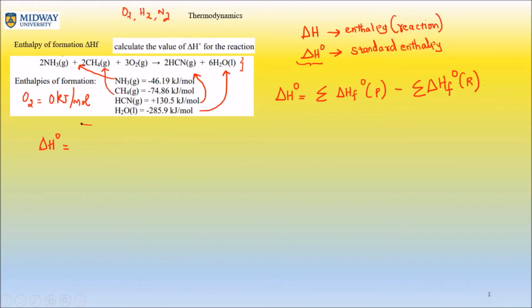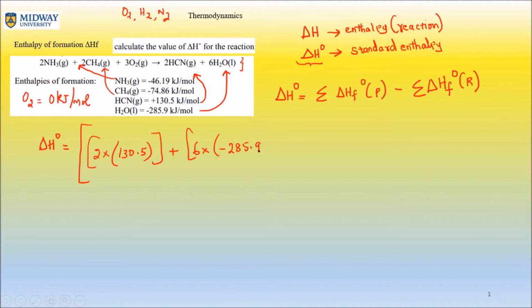All right, so I'm going to open a giant bracket. It doesn't matter which product you want to pick. Let's start with HCN. The value for HCN is 130.5. Now that times 2 because there are 2 HCN. Open as many brackets as you have to, plus there are 6 water molecules and the value for water is negative 285.9.